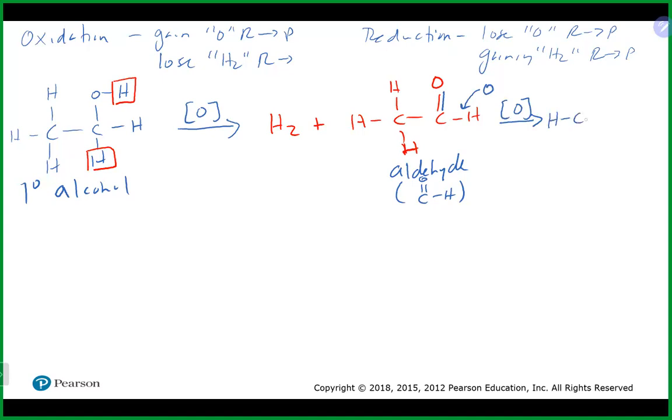Once again, not much changing here, other than we will insert the OH in there. And this gives us what is referred to as a carboxylic acid, and it has a functional group of COOH, basically.